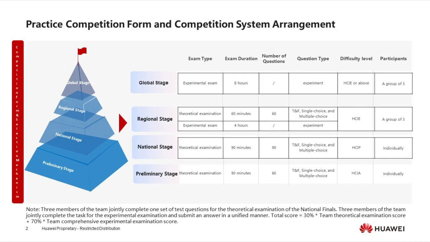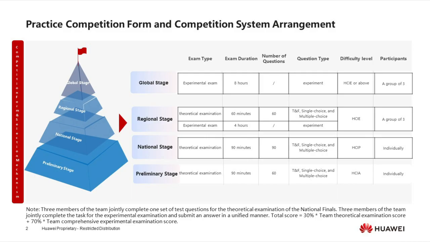The difficulty level of the questions in the first stage would be the lowest, which is HCIA. The question types will be true or false, single choice, and multiple choices.